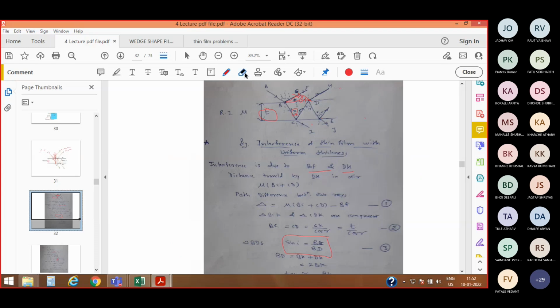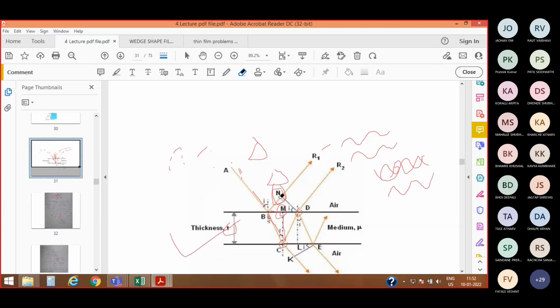Now we will take this. It is the same figure like this, only here I have taken capital G and here instead of M I have taken small k.